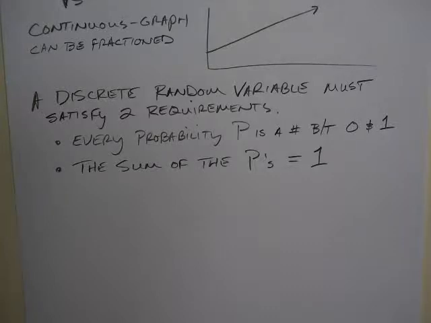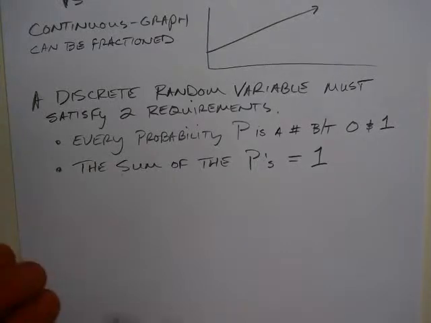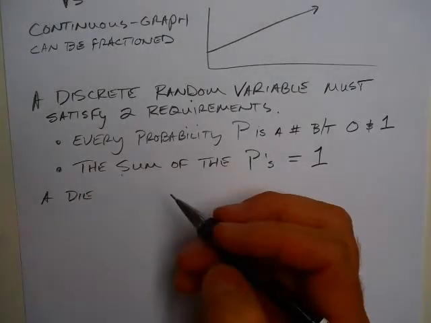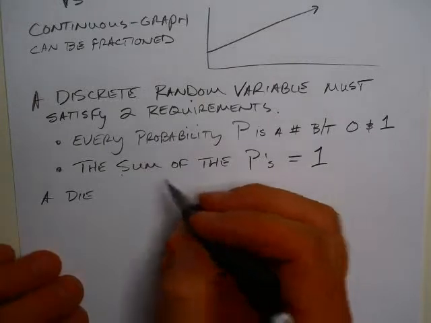A great example of a discrete random variable is rolling a die. A die gives a discrete number of outcomes.